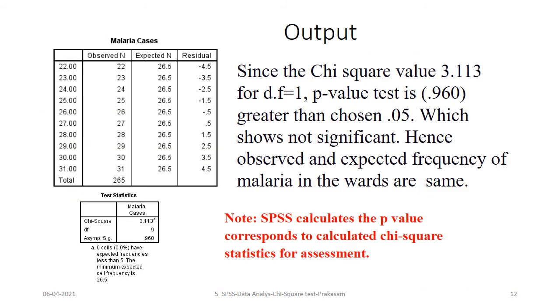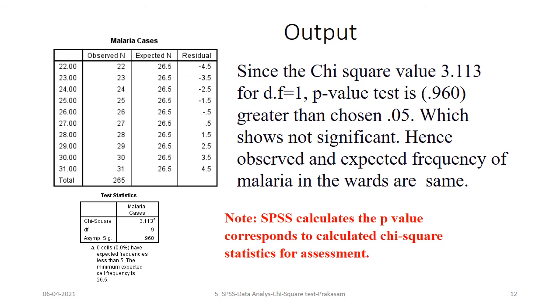This is the output. In this you will get the observed values, whatever we have given there, and the expected values. Expected values are the mean of all the wards' data. Then the difference between them, and directly it will calculate the chi-square, and chi-square is given as 3.113, whatever we have calculated earlier, and even the statistics is given here. But for the degree of freedom, the p-value is directly calculated. It is given as 0.960.